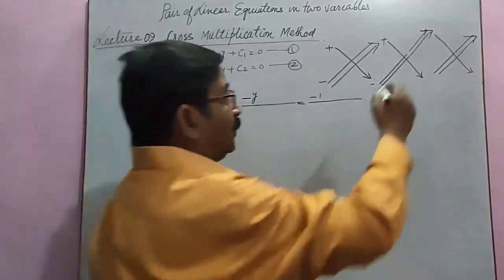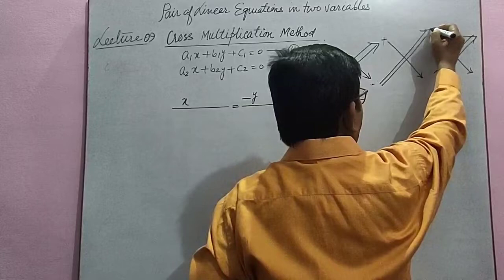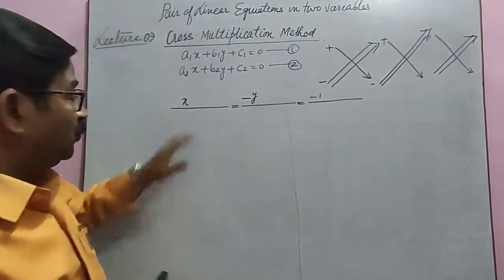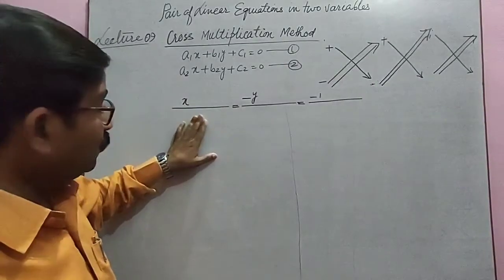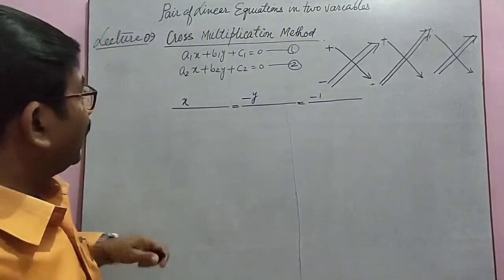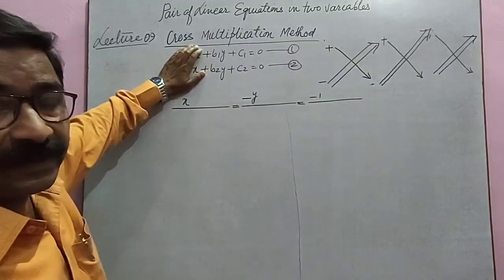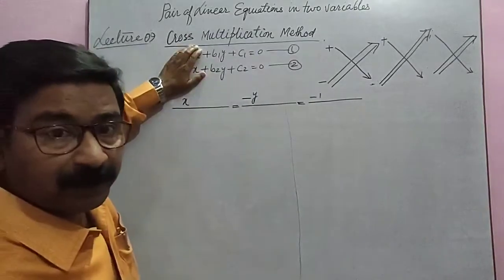Now let's see how to multiply. Whenever you are going to write for x, hide the total term of x, and then cross multiply.